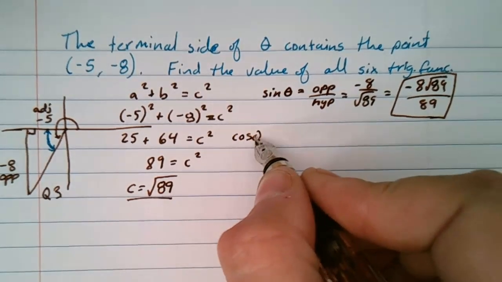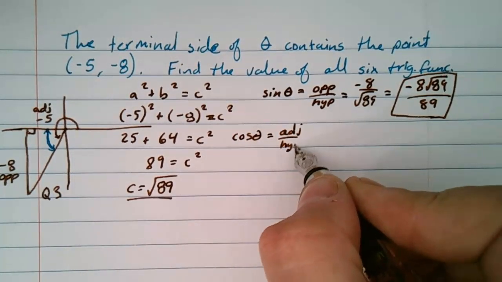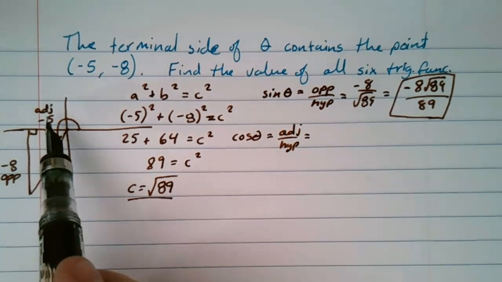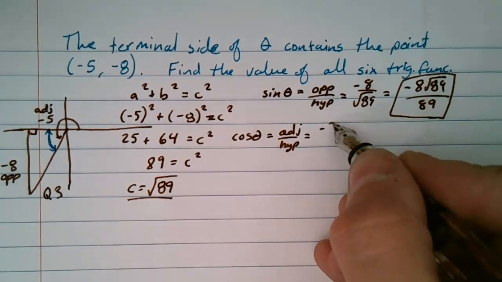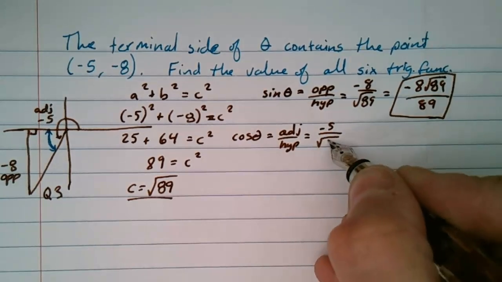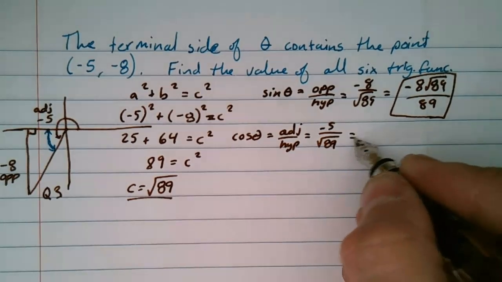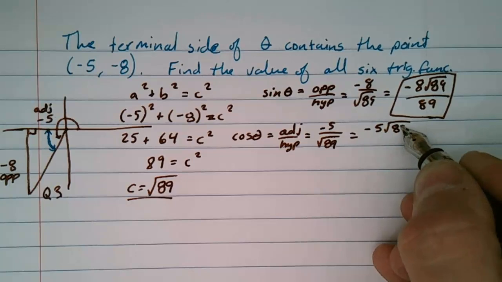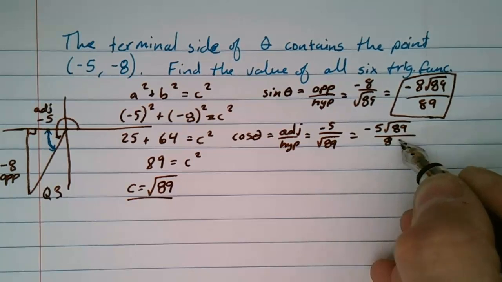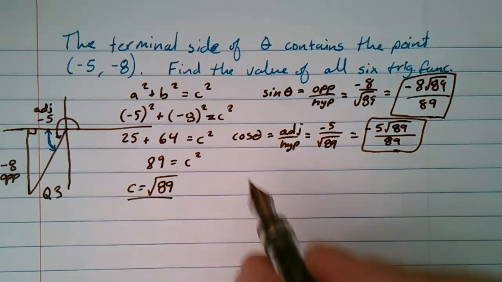Cosine of theta is adjacent over hypotenuse, which in my case is -5 over root 89. And then we'll rationalize that, and that's going to give us -5 root 89 over 89. Okay, boom, boom, boom. All right.